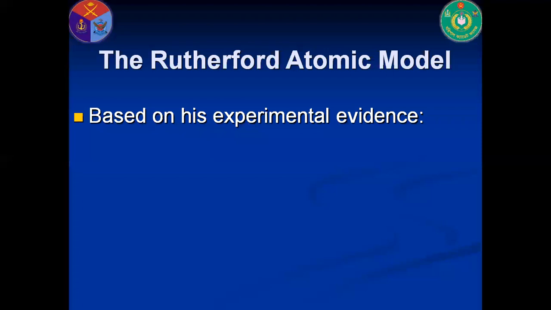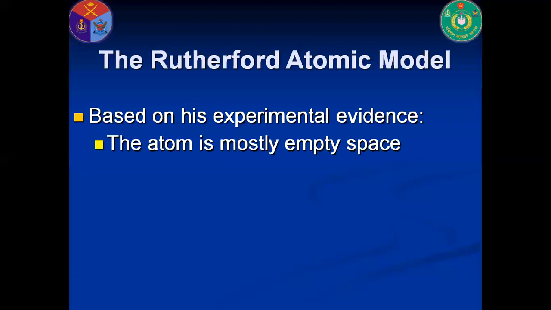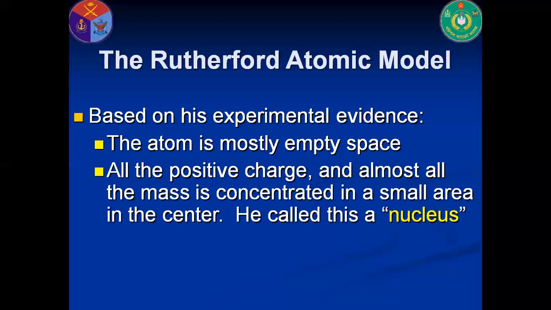Based on this experiment, Rutherford came to conclusions. The first postulate: the atom is mostly vacant space. So 10 to the power 5 times the area of the atom is vacant compared to the center of the atom where the nucleus is located.